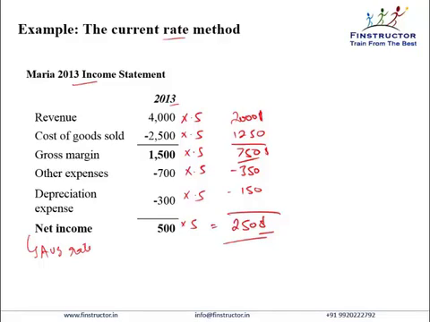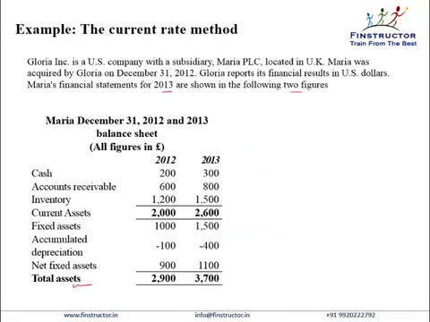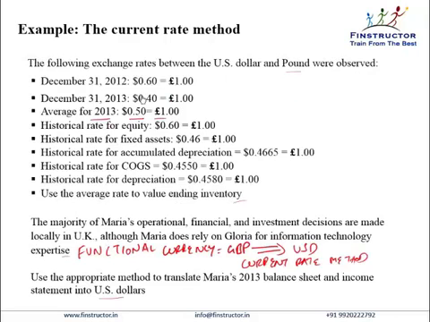Let's now try to translate the balance sheet. So all asset accounts are translated at the current rate in the current rate method. So we just need to look up the current rate to convert the asset accounts. The current rate on December 31st, 2013 is given as $0.4 per British pound.